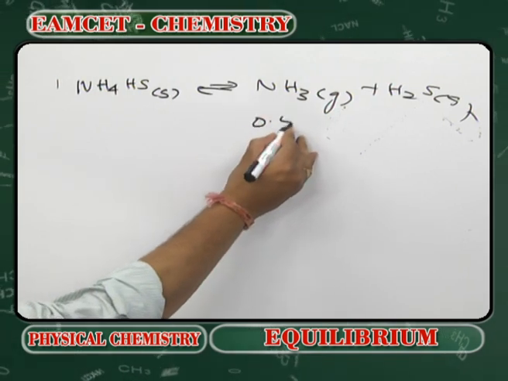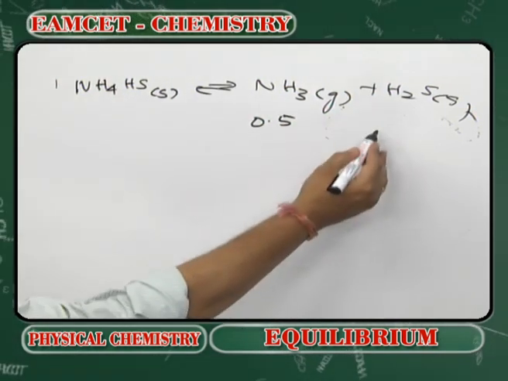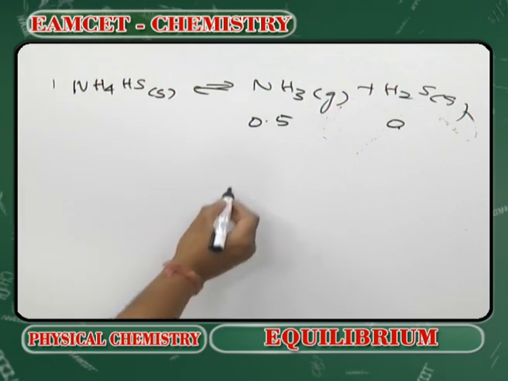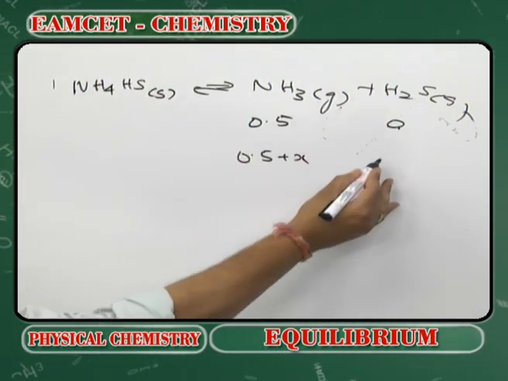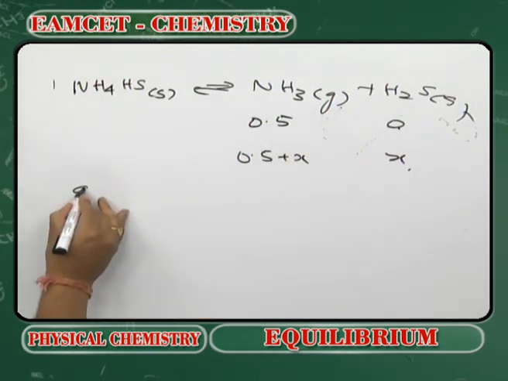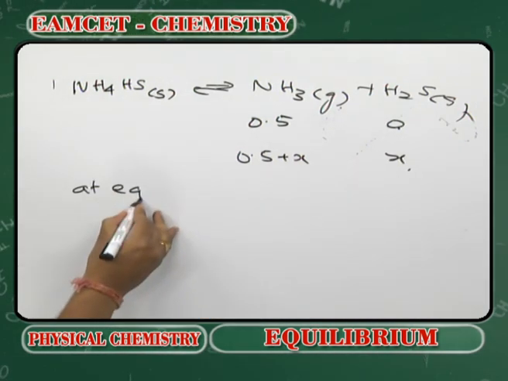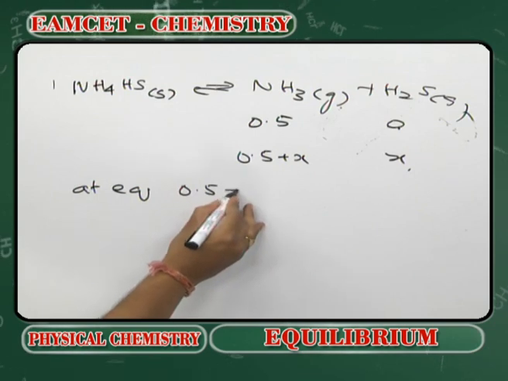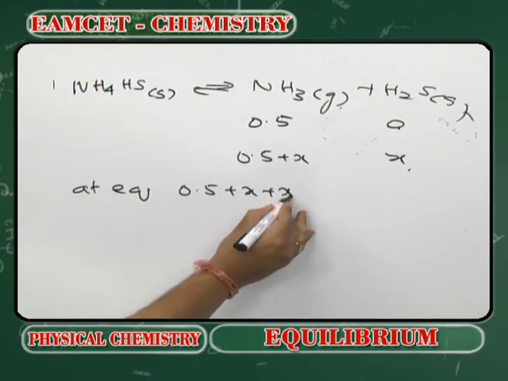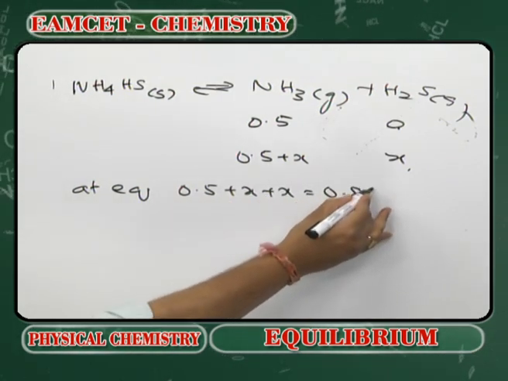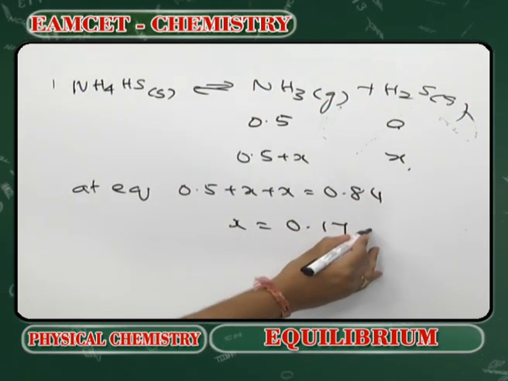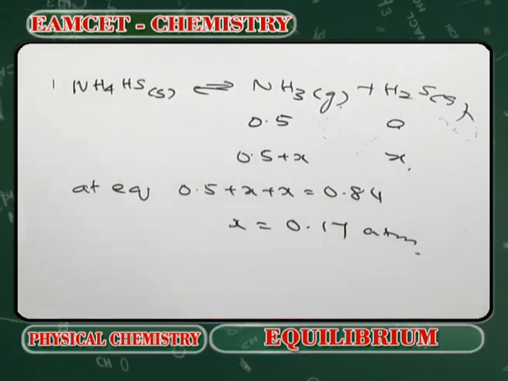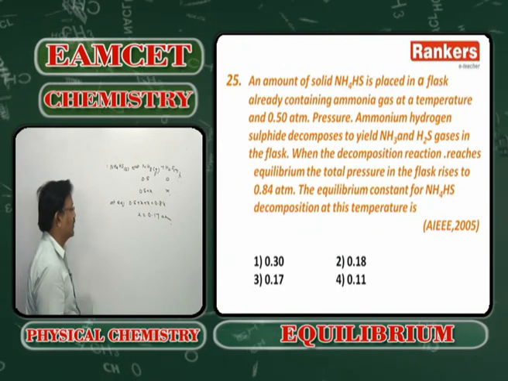So initially this is 0.5 and this is 0. At equilibrium it will be 0.5 plus X, and this will be X. At equilibrium what is given? 0.5 plus X is equal to 0.84. Therefore X is equal to 0.17 atmospheres.